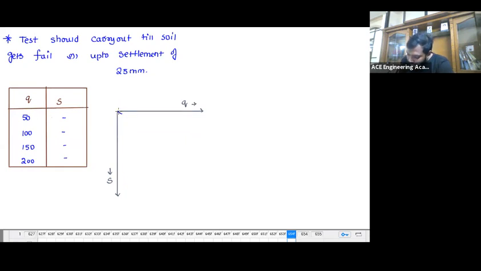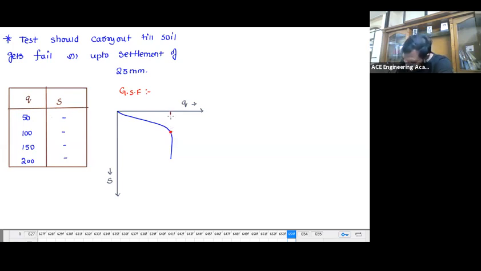After drawing this, if I get to know the soil fails like this, then what type of failure is it? I told you the test should be carried out till the soil fails or up to 25 mm settlement. If it is a general shear failure, the soil fails suddenly. This is nothing but the general shear failure.